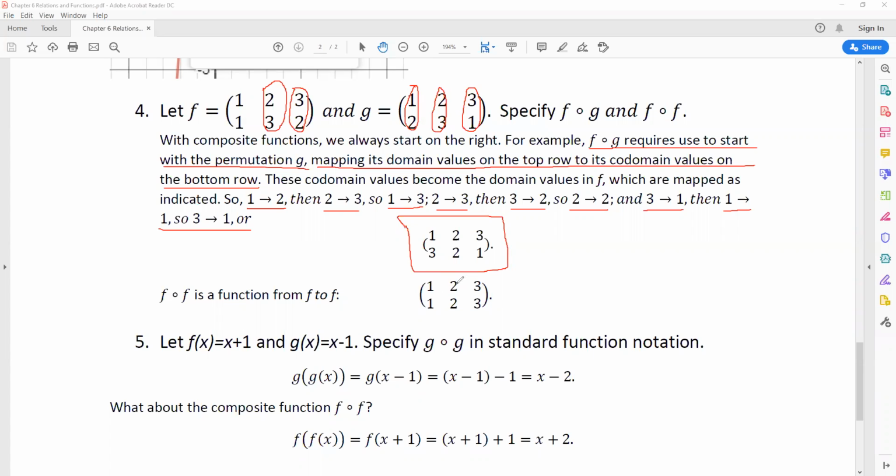In f, 2 goes to 3, but then if you go back through f again, the 3 would map to 2. In other words, 2 maps to 2. And then f maps 3 to 2, and if you do the operation again under f, then you have 2 going to 3. So that takes 3 to 3. And by the way, this would be our identity function, right? The identity function maps any element back to itself.